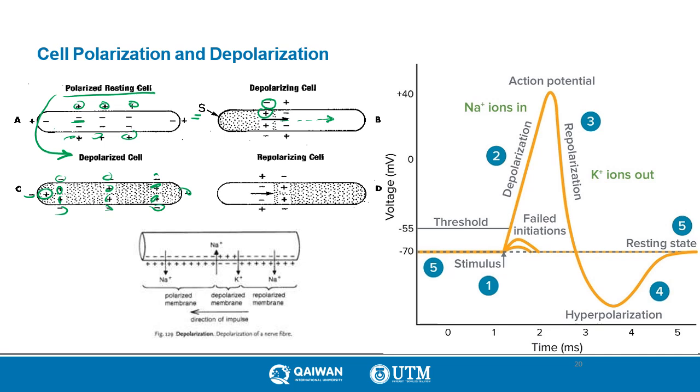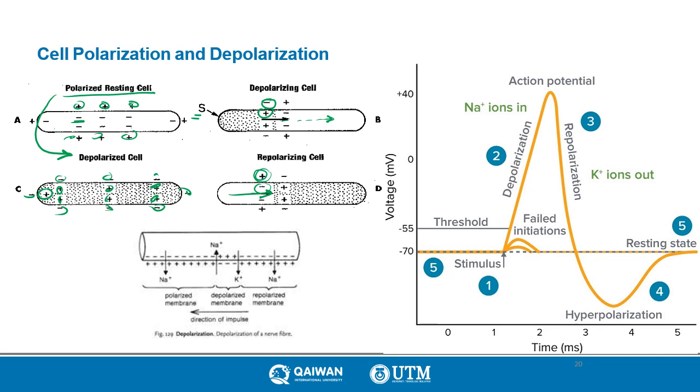At the end of the stimulation, the cell will also return gradually to the original state, which is the polarized resting cell, by changing the polarity of the cell membrane so that it is positive outside and negative inside.